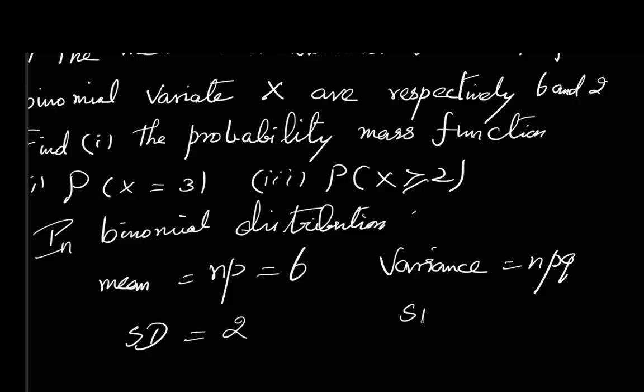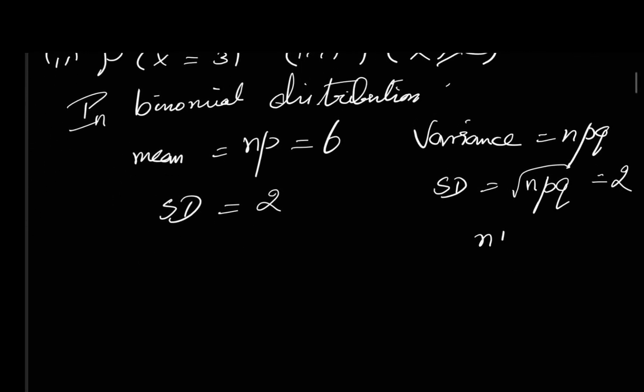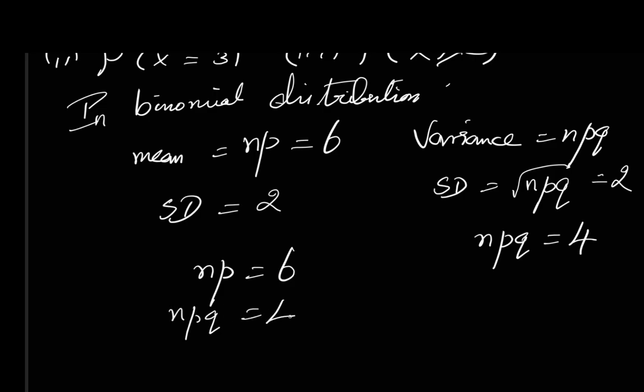So the standard deviation is the square root of the variance, square root of NPQ, is equal to 2. Squaring on both sides, you get NPQ is equal to 2 squared, which is 4. So take NP as 6, NPQ as 4.